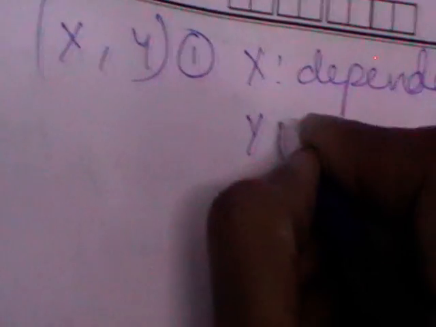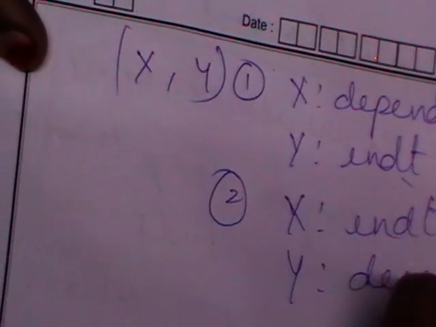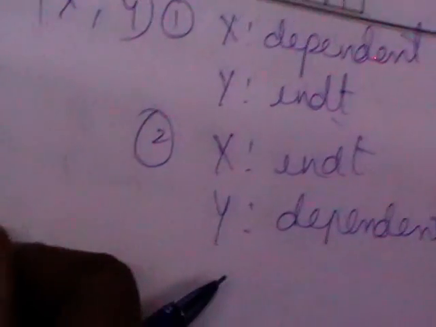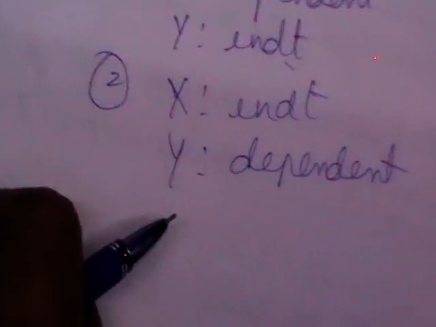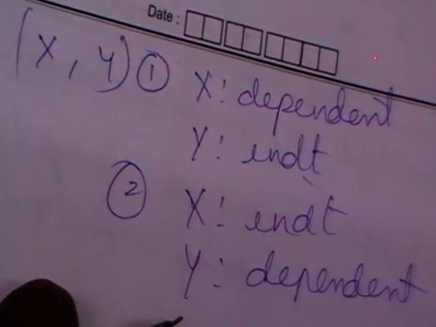If there are two variables, we are going to have two equations. In one case x may be dependent and y independent. In the other case, x may be independent and y may be the dependent variable.